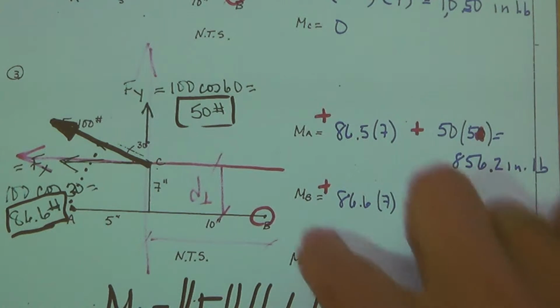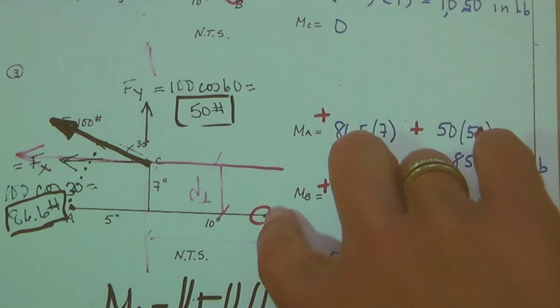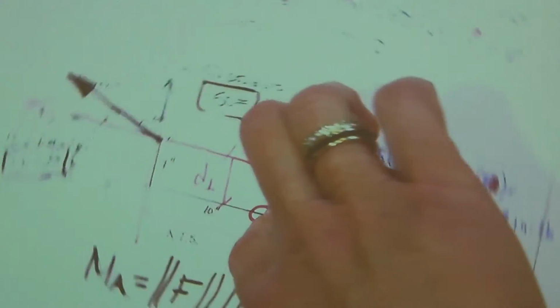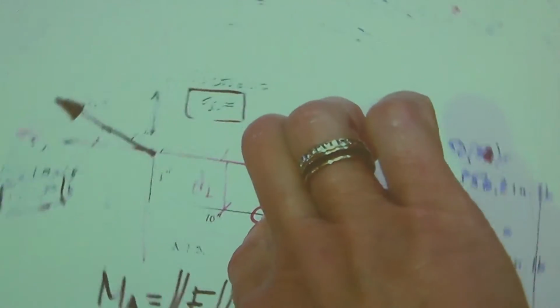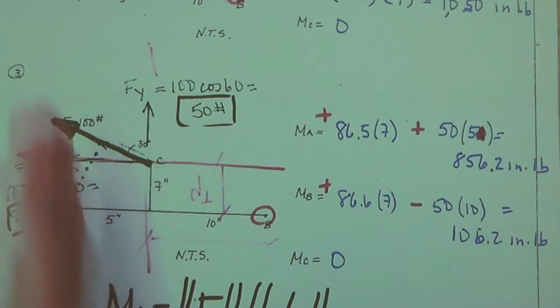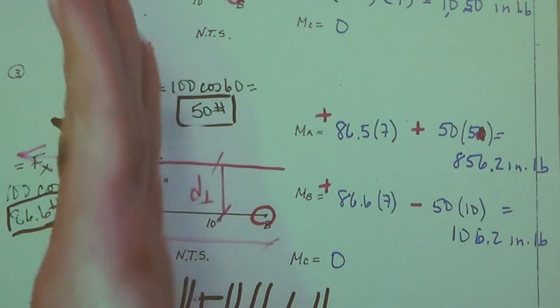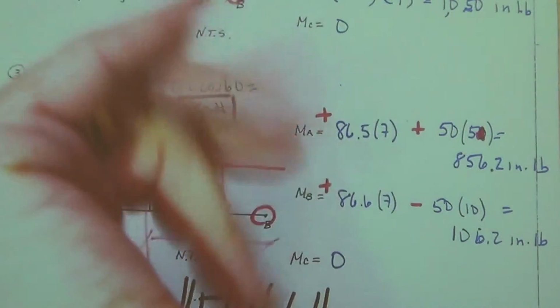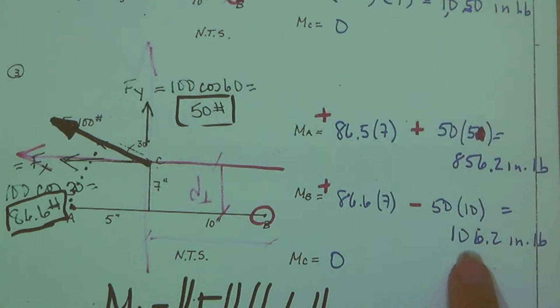I could put my finger on the point I'm finding the moment about, pull my force, and I go in the negative direction, or put my fingers in the direction of the force, palm towards the point I'm finding the moment about, and I get a negative, and in the end I got 106.2 inch-pounds.